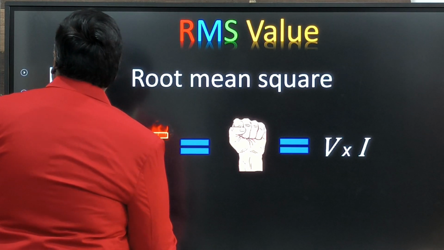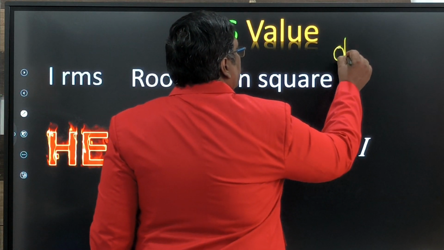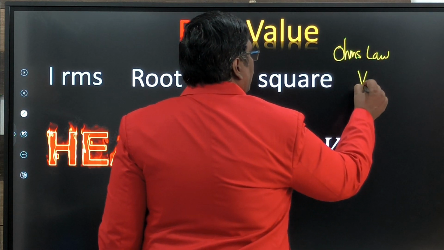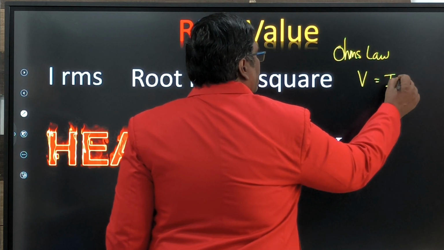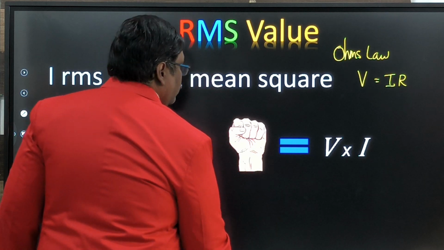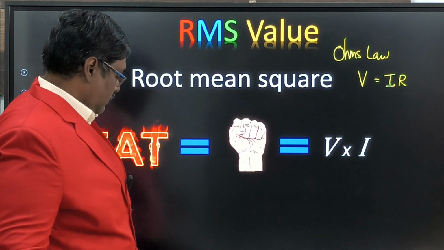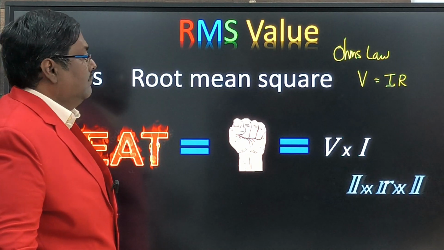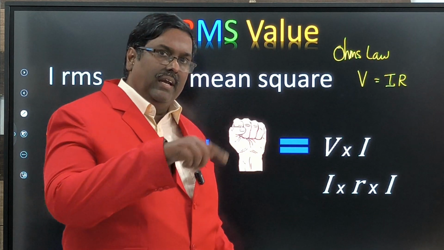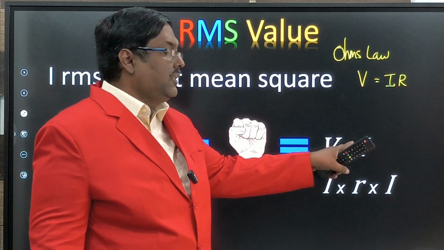As per Ohm's law, voltage equals I into R. So in place of this V, I am going to put I into R, because I want resistance. I don't want the voltage, because voltage is also varying, right? But resistance is not varying, the bulb is the same.